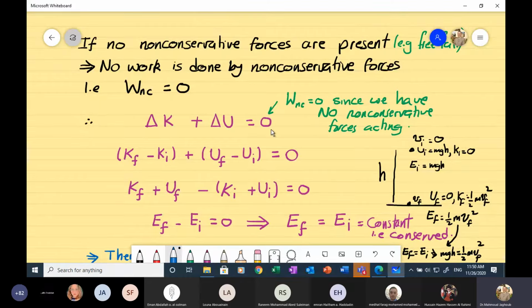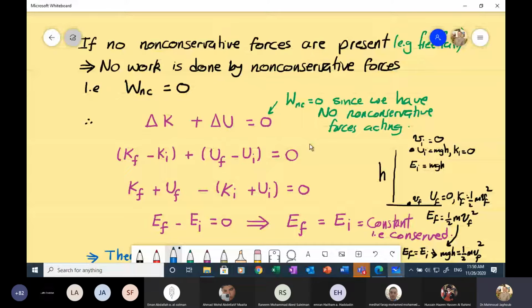This means that if the kinetic energy increases by 100 joules, what happens to the potential energy so that the sum is zero? It decreases by 100 joules. If delta K is plus 100, delta U must be minus 100, so that they add up to zero.